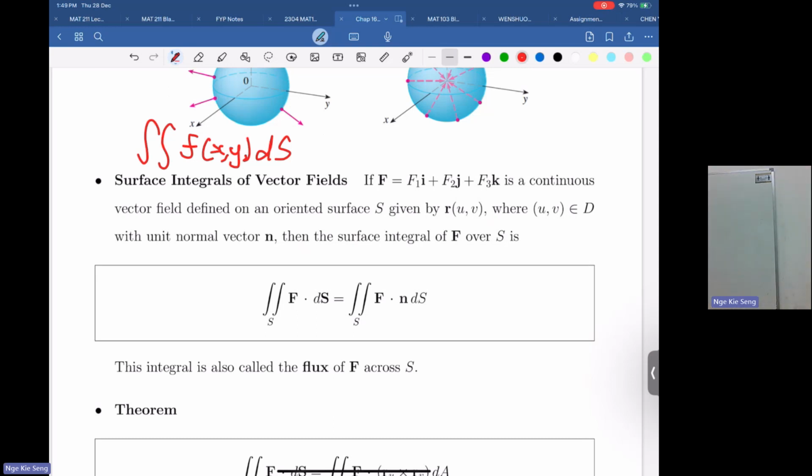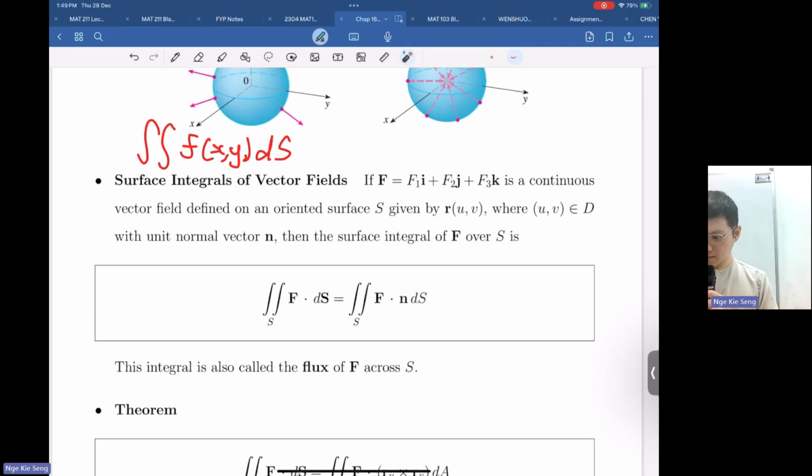Now you also need to dot two vectors together: you dot the vector field with the surface element dS. In the line integral, when you dot them together, you have the tangent vector. But in the surface integral, you will have the normal vector, the unique normal vector, F dot n. This is by definition.